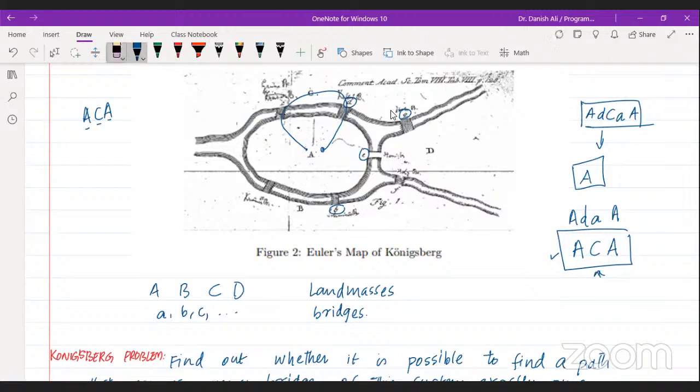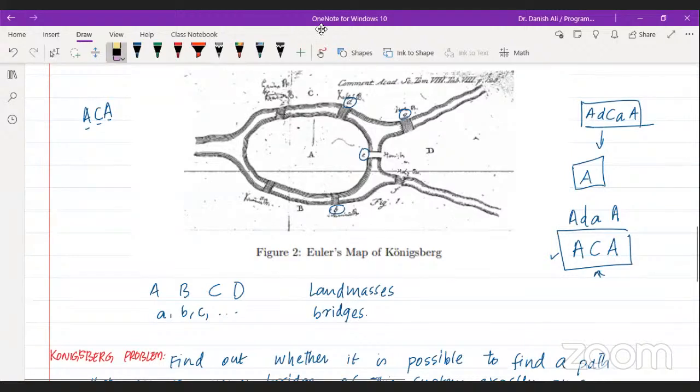Now my question is, we still do not know whether the solution of this bridge problem exists or not. Let's suppose there is a solution, and he used all the seven bridges exactly once. How many letters will be used to represent all the journey, all the walk? Eight. Yes, good.